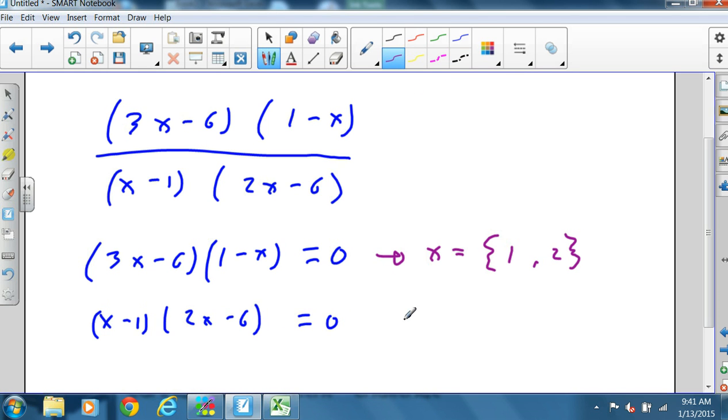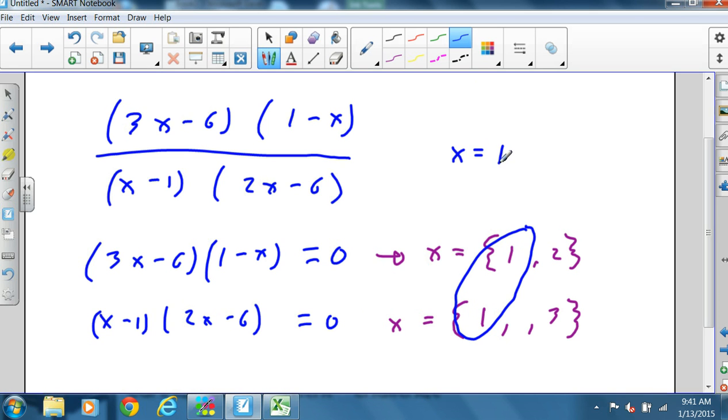I see that x can be equal to 1, and x can be 3. So the only case where we have 0 over 0 is x equal to 1. So the answer is x equals 1 is the case that would be indeterminate. Okay?